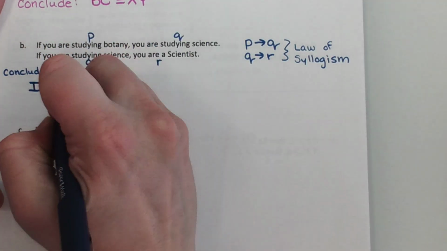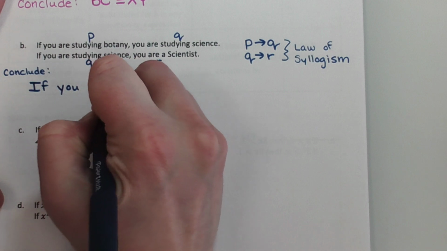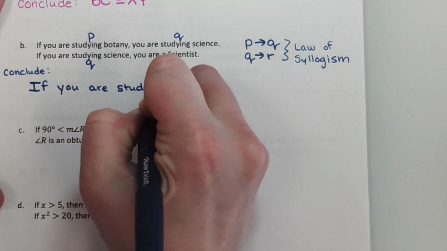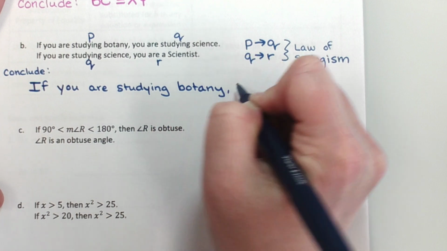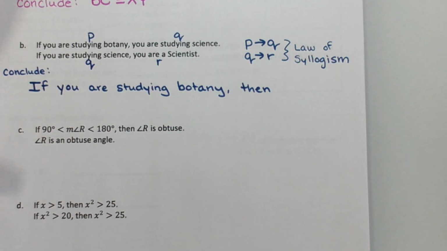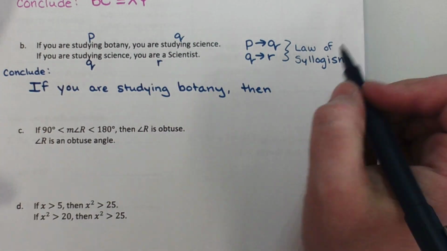You are studying botany. Then we want the unmatched conclusion. The conclusion's the then part. The then part that doesn't match is you are a scientist.